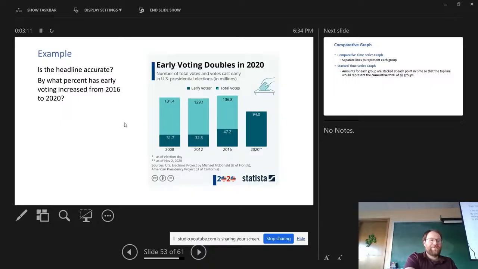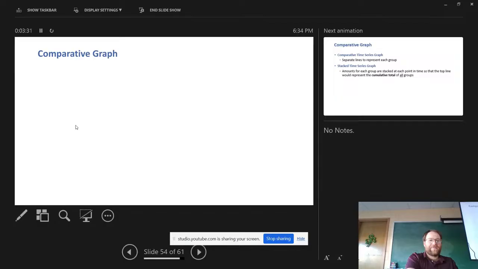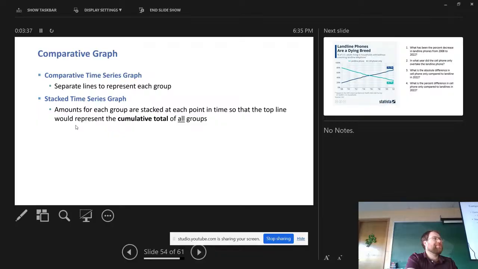But if you did new minus old over old, you'd actually get a 99.15% increase, so almost doubling. But do you notice how we're comparing different things on the same graph? You can do this with time series, comparatively, or stacked.